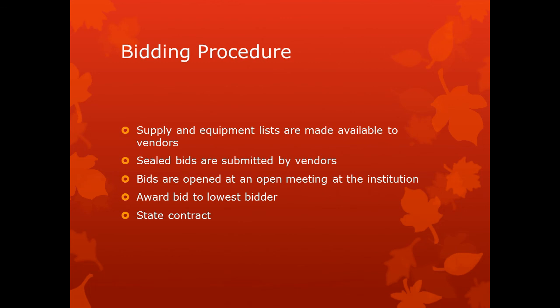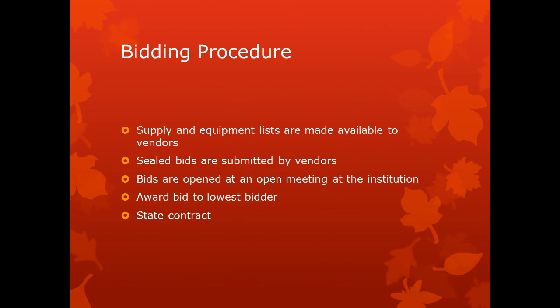Getting back, I guess, to the bidding procedures, supply and equipment lists are made available to vendors. So you and I just make a laundry list of the stuff that we need, and we take that list and give it to so many, 5, 6, 10, whatever it takes, of vendors, and they then send us back some sealed bids.